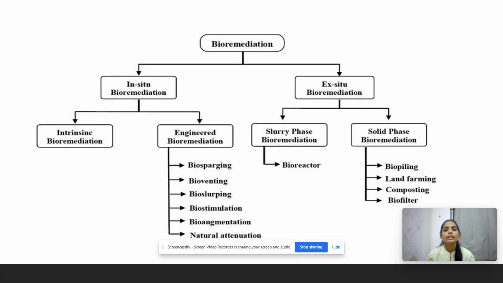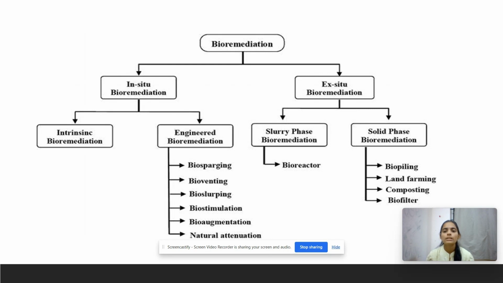Biostimulation is giving extra nutrients and electron acceptors for biodegradation. And bioaugmentation is the addition of desirable microbes for biodegradation of a particular area. Natural attenuation is also the same as intrinsic bioremediation, which is a natural cleanup.